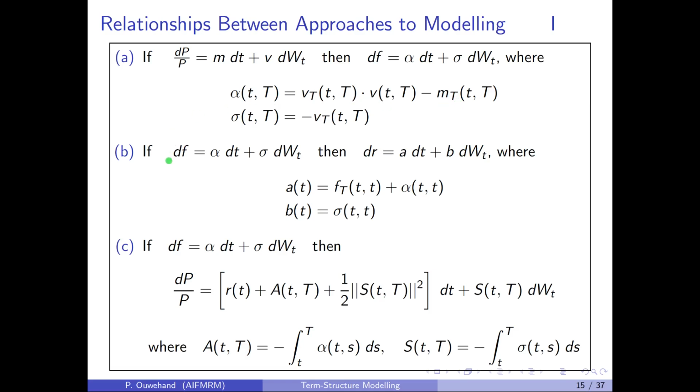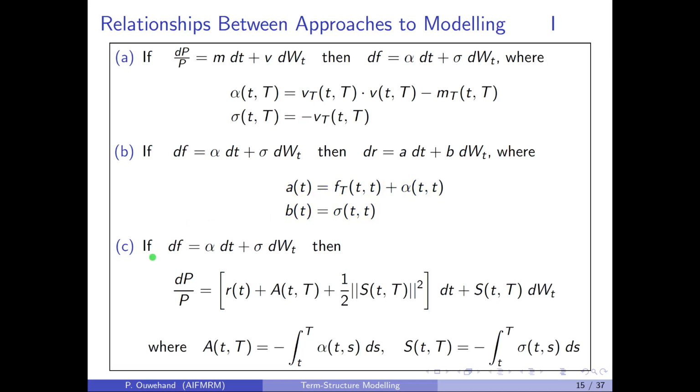Similarly, if instantaneous forward rate dynamics are specified as follows, then the instantaneous short rate dynamics are given like this, where the drift A of the short rate is obtained as follows. Again, this is the partial derivative with respect to the maturity variable, in other words the second variable, and B is specified as follows.